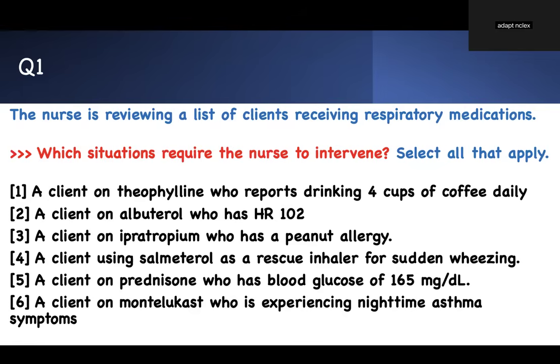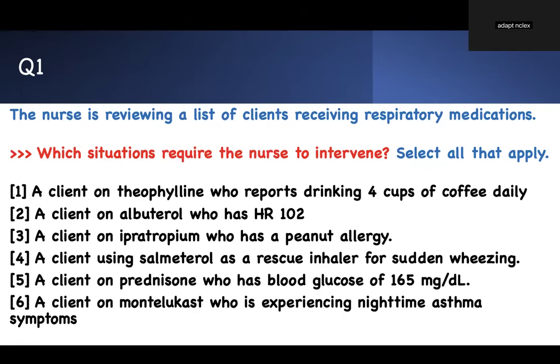A client on ipratropium who has a peanut allergy. A client using salmeterol as a rescue inhaler for sudden wheezing. A client on prednisone who has a blood glucose of 165. A client on methylxanthines who is experiencing nighttime asthma symptoms.